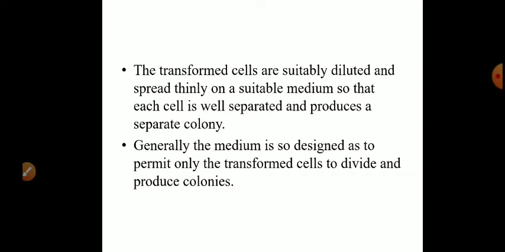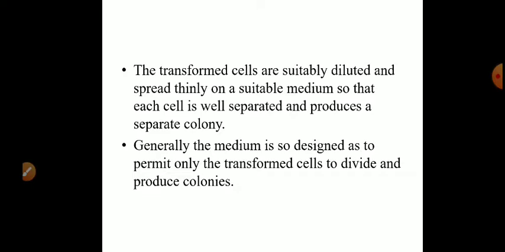The medium used for plating transformed cells is so designed that it will help you identify only transformed cells, or the medium will support the growth of only transformed cells. Only the transformed cells will divide and produce colonies.